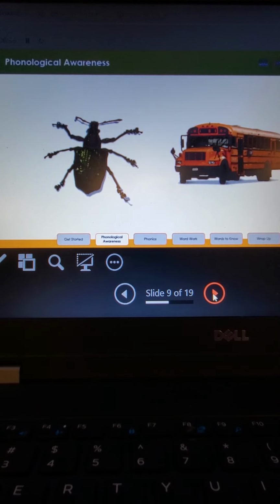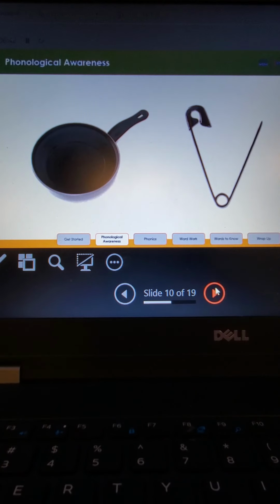Which picture? This picture shows the bus. Listen. Pan. What word? Pan. Which picture? The picture on the left. This picture shows the pan.